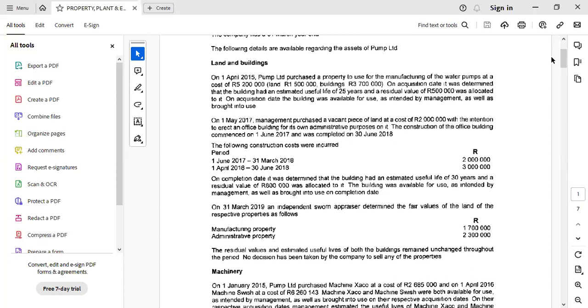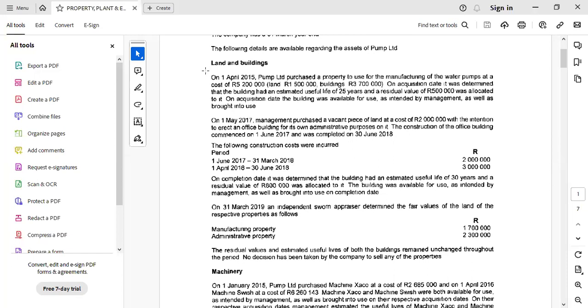Right. Now let's look at this question, land and buildings. On 1 April 2015, remember we're now in the year ended 2019, so this is about 4 years ago. Pump Limited purchased a property to use for the manufacturing of the water pumps at a cost of 5.2 million, land 1.5, buildings 3.7.